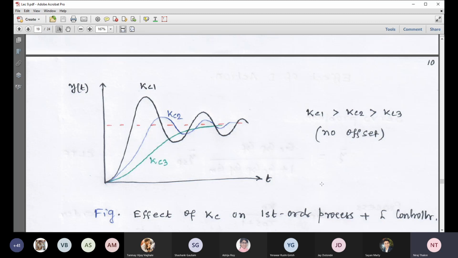As I have shown previously, for P-only controller there is a certain offset, but under integral controller there is no offset. In fact, we will prove this a little later. There is no offset under integral action.